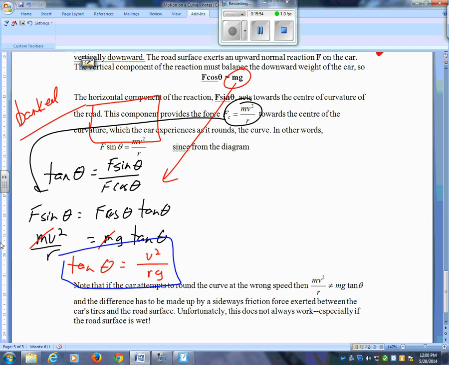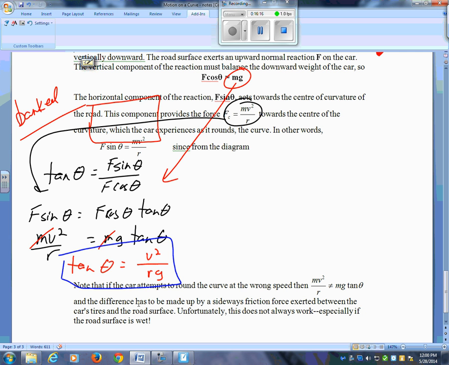Now, this is only true if you're going at the correct speed. If the car attempts to round the curve at the wrong speed, then mv squared over r is not equal to mg tan theta. However, if you're going fast enough, it's fine, right? If you're not going fast enough, the difference has to be made up by sideways friction force.